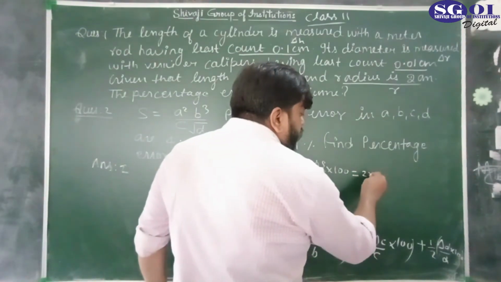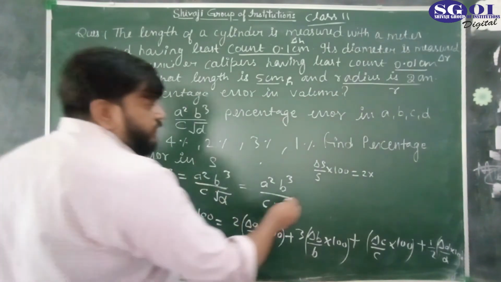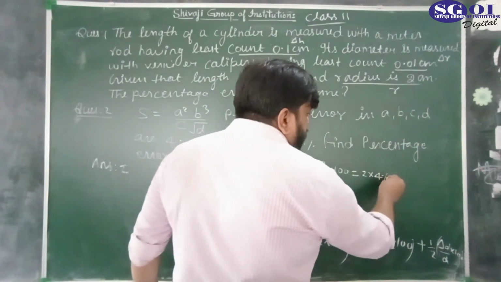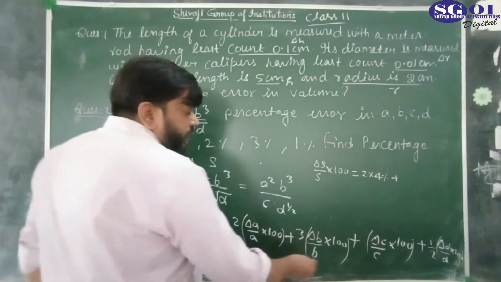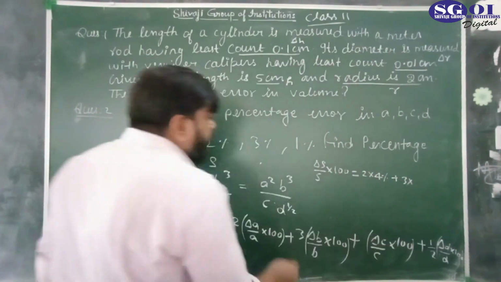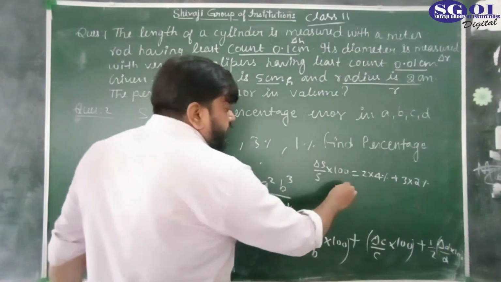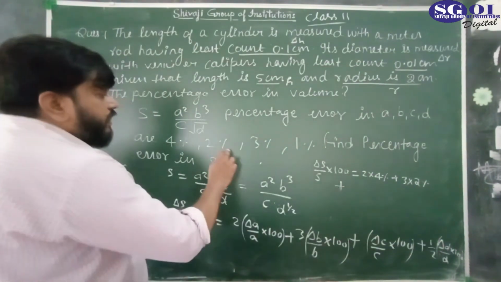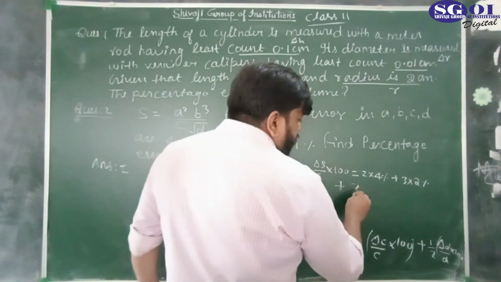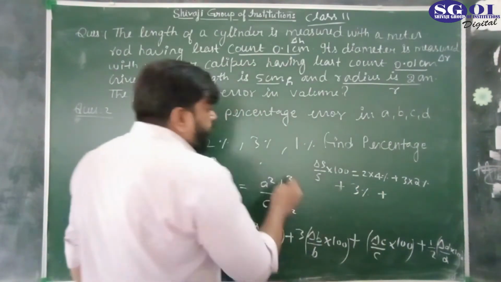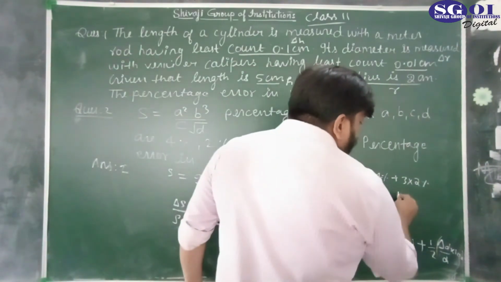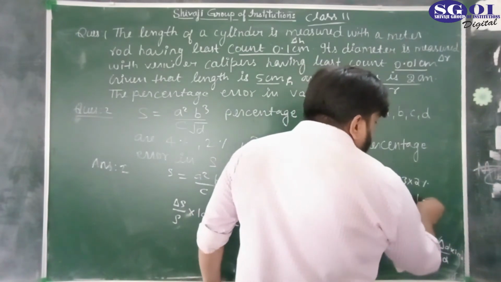So 2 into percentage error in a is 4%, so it would be 4% plus 3 into percentage error in b, which is 2%, plus percentage error in c, which is 3%, plus percentage error in d is 1%, so 1 by 2 into 1%.